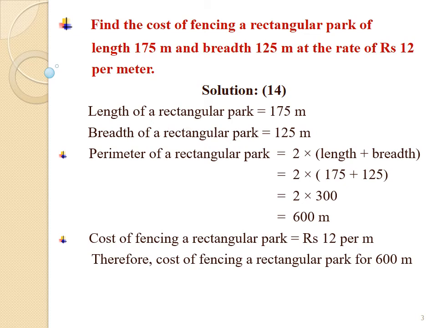Now, by cross multiplying, we get 600 multiplied by 12. Multiplying 600 by 12, we get rupees 7,200. Thus, the total cost of fencing the rectangular park is rupees 7,200 for 600 meters.